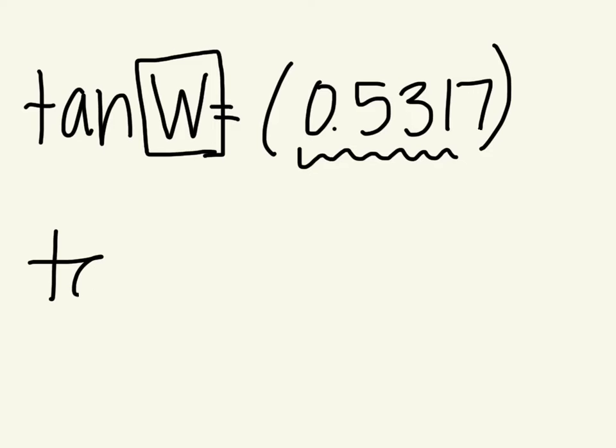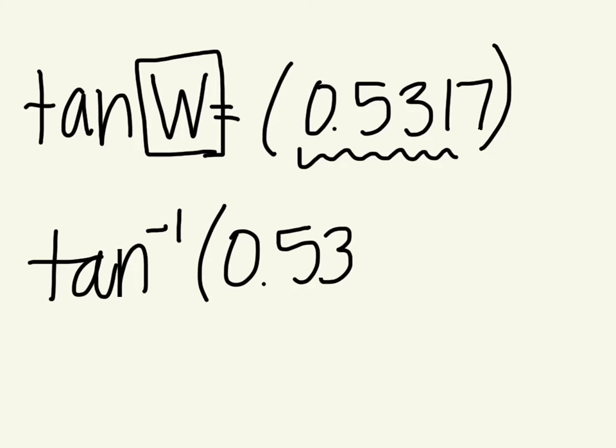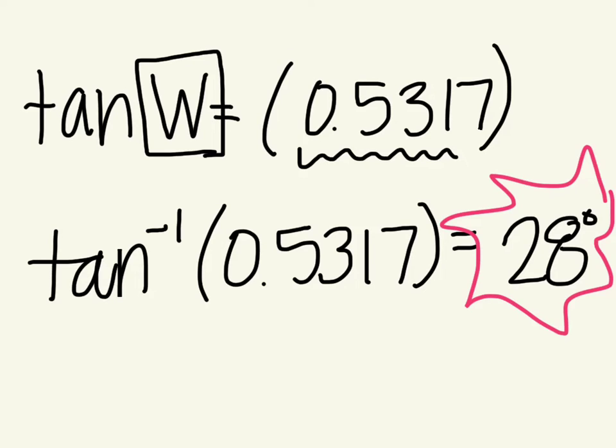In my calculator, I'm going to write second tangent button, the inverse of tangent of this ratio, which is the decimal 0.5317. The angle measure for W is 28 degrees. Now, it will give you a longer decimal, 28 point and so on, but you are asked in your homework to round to the nearest degree, so that's why I wanted to demonstrate it like that for you.